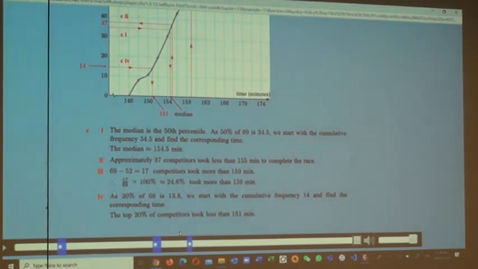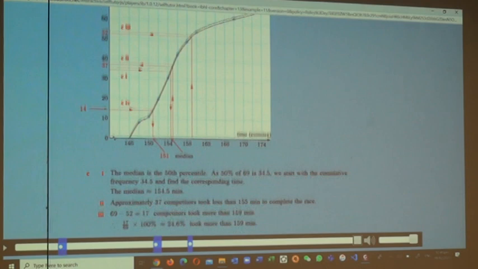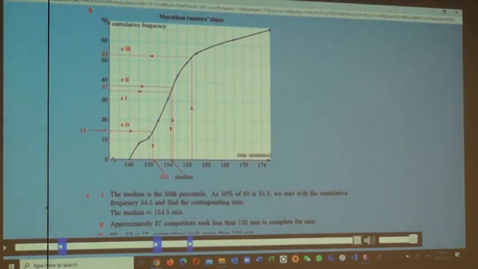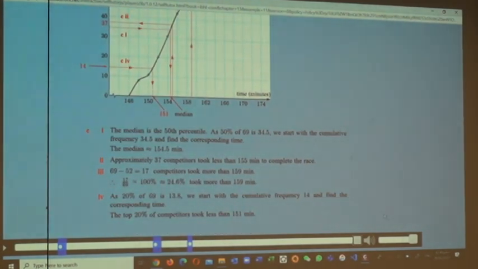So if everybody is 70, you're looking at somebody who finished in the top 20%. So you can do your 20% of the 70, I don't know why they have to do 69. Just do 20% of your 70, estimate what that is. So from that estimation, you can always know the time it took for that particular person. So the top 20% of the competitors took less than 151 in this case.